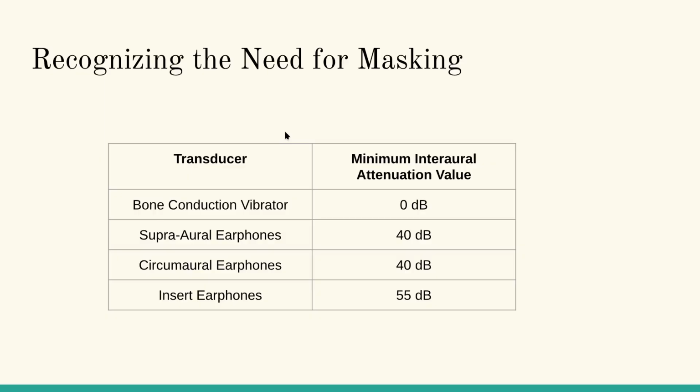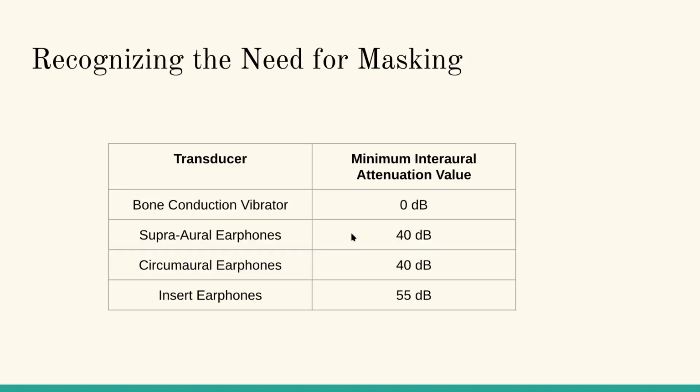For both supra-aural earphones and circumaural earphones, the minimum interaural attenuation value is 40 dB. So if we have a 40 dB difference between the air conduction threshold of the test ear and the unmasked bone conduction threshold of the non-test ear, then we need to mask.